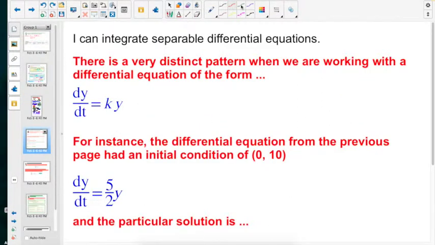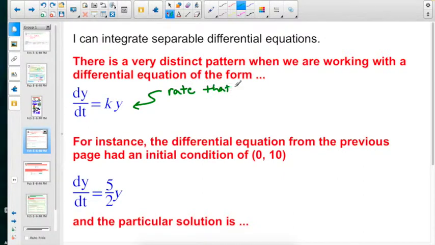Here is that basic expression that says the rate is proportional to the amount present.